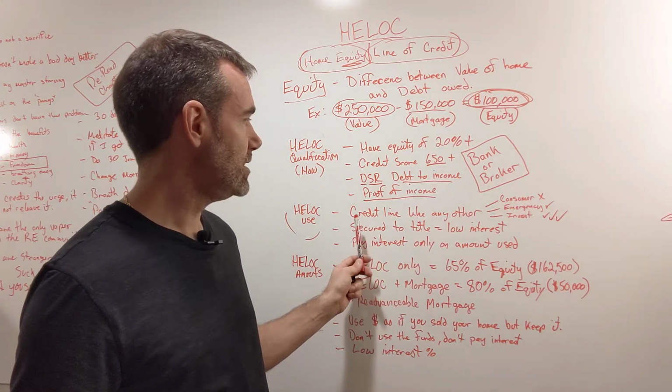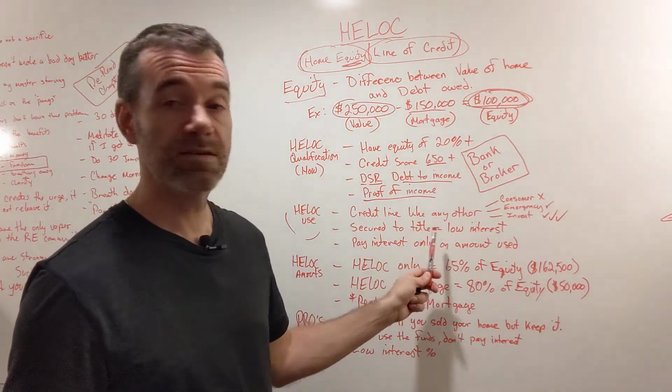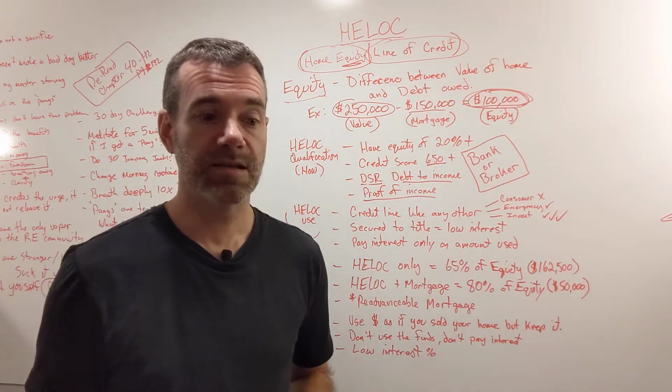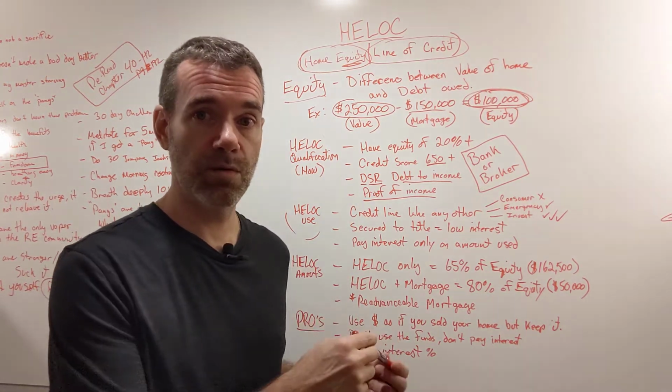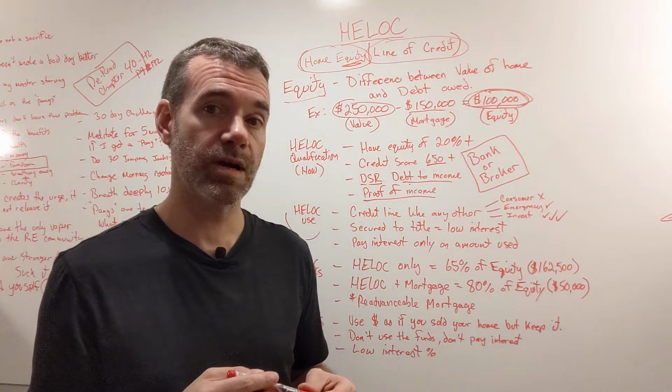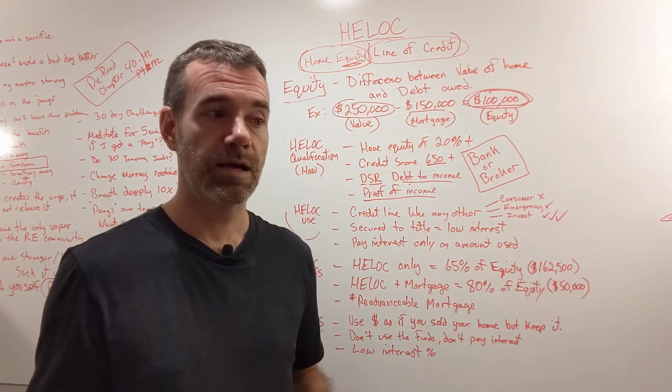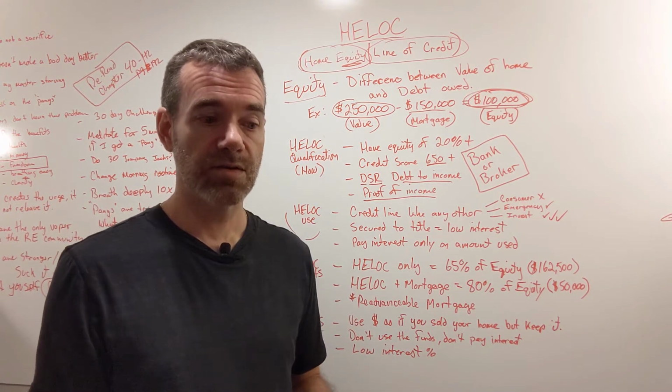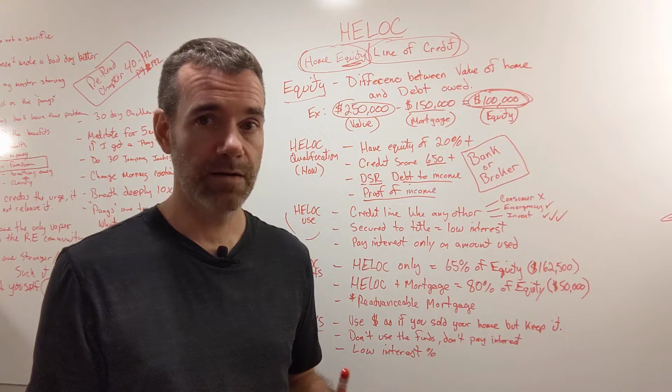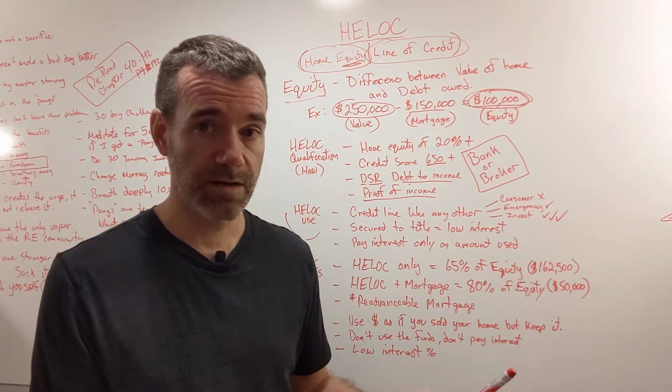The difference in the HELOC is that because it is secured to your home, it is considered a secured loan, versus a personal credit line or a credit card, which is not secured. So the risk is a little bit higher, and the interest rates are higher. Obviously, a credit card is very high.